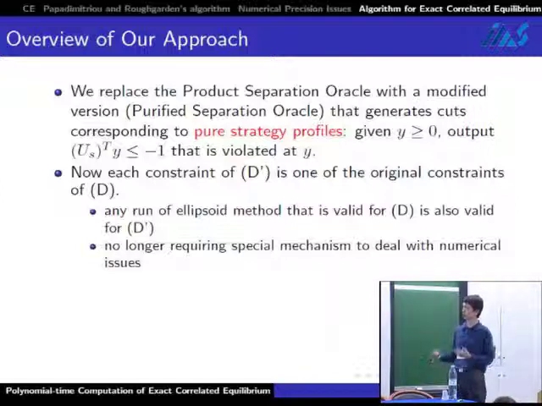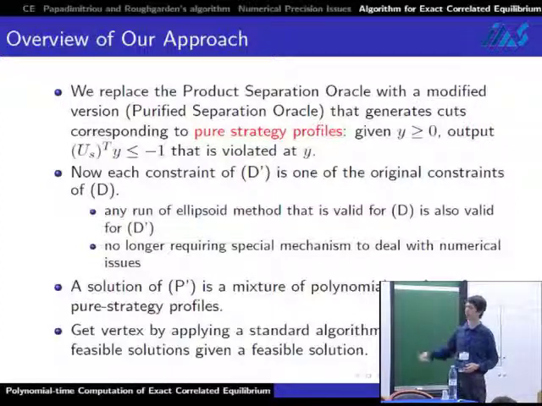So we no longer have any problems with these numerical issues, and it doesn't require any other mechanism to deal with it. And basically, the rest of the algorithm just runs naturally. In the end, a solution of P prime is a mixture of a polynomial number of pure strategy profiles.